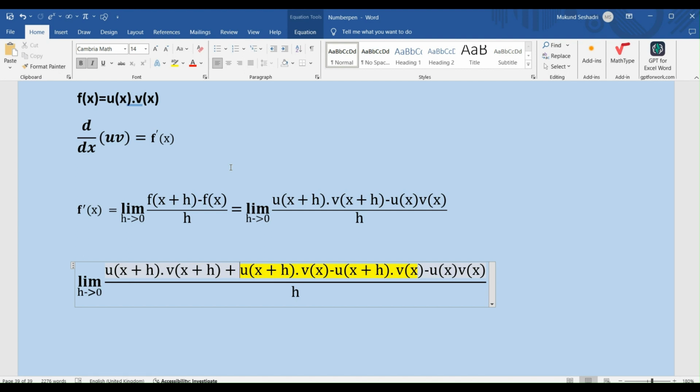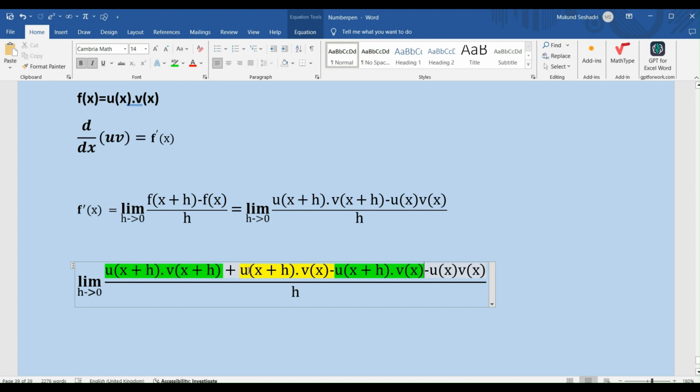Now it looks like I can use this to combine this expression, which is u of x plus h into v of x plus h, and I'm going to combine this with u of x plus h into v of x. So I'm highlighting it in green again.